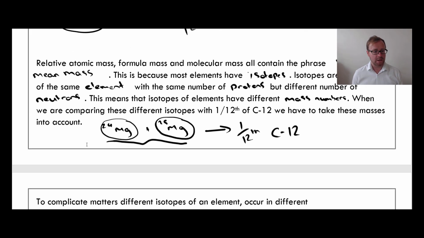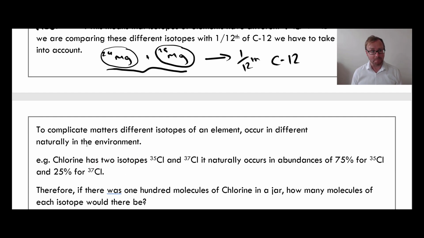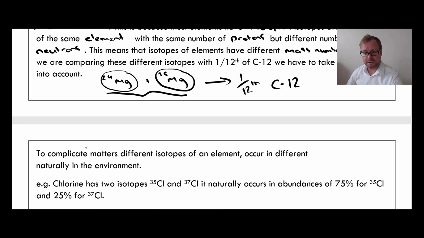Okay, so moving on. To complicate matters, different isotopes of an element occur in different abundances naturally in the environment.